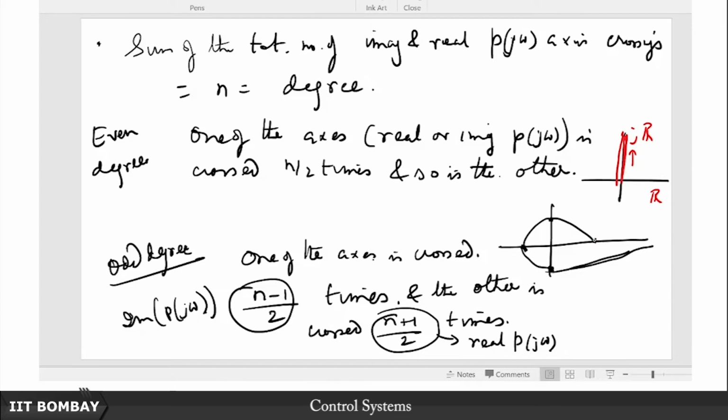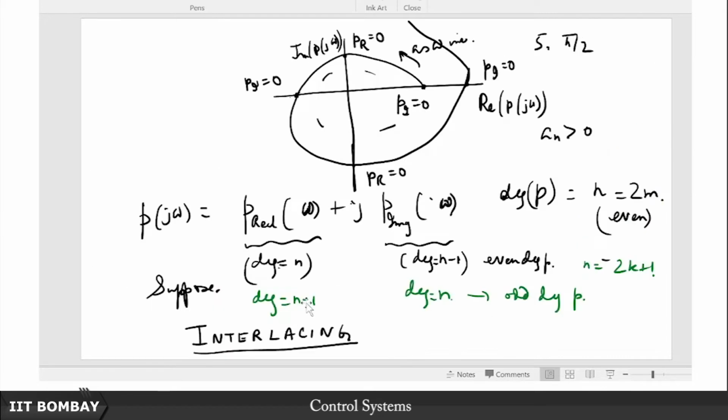This is where Pi is equal to 0, this is where Pr is equal to 0. So as I go like this, these roots will alternate. That is what this interlacing property tells me.